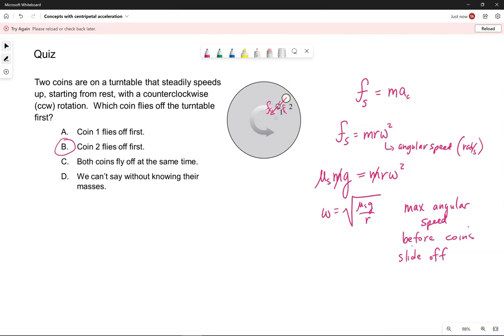Because this is the biggest the force of static friction can be. Well, we see r in the denominator down here. The smaller the r value, the bigger omega can be before that coin slides off. So coin 2 has a larger r value, which means a lower angular speed at which it will slide off. So coin 2 will slide off first.